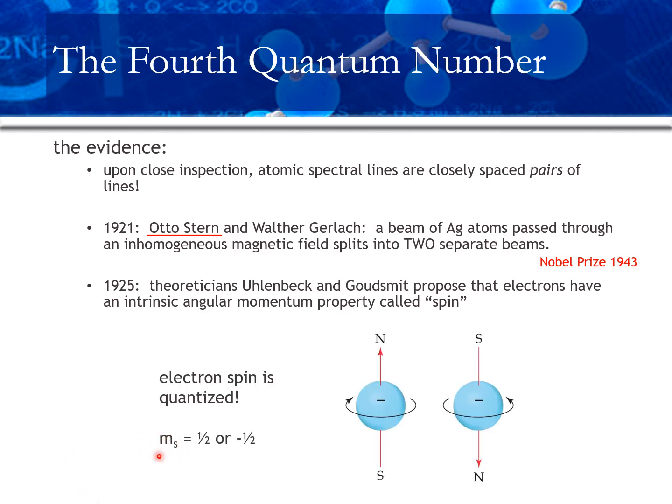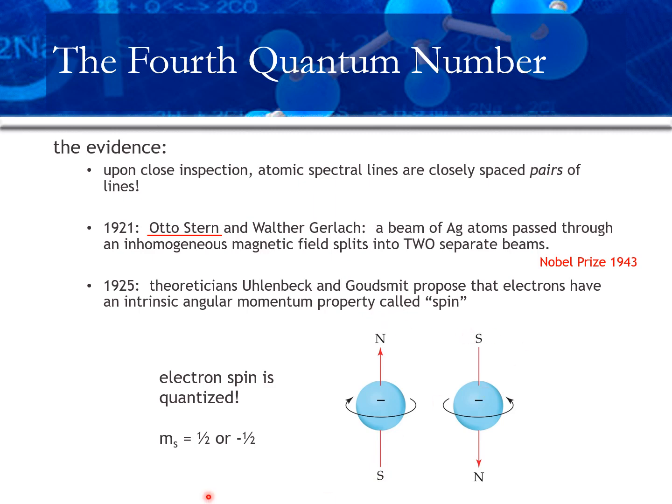So m sub s stands for the spin magnetic quantum number, and it can only have one of two values, plus 1/2 or minus 1/2. And you can kind of think of that as an electron spinning on its axis in one direction or the other, creating a little magnetic field that either points towards the North Pole or towards the South Pole.